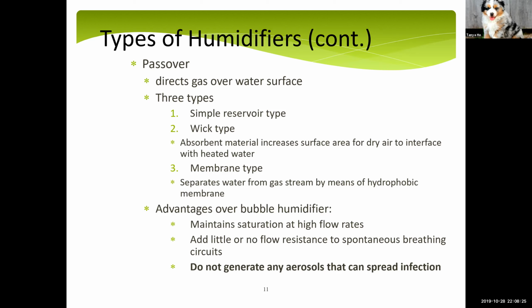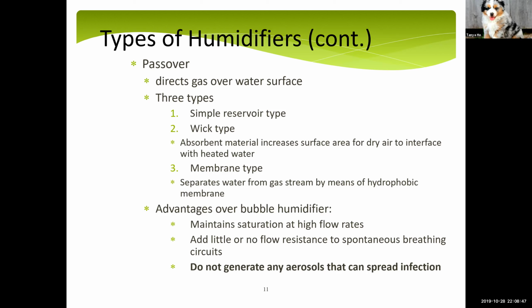And so there's different types. You have a simple reservoir type, which what I would say is probably the most common. We use that with a lot of our ventilator circuits as a passover humidifier. The wick type has absorbent material. The wick is almost like a candlestick looking thing.